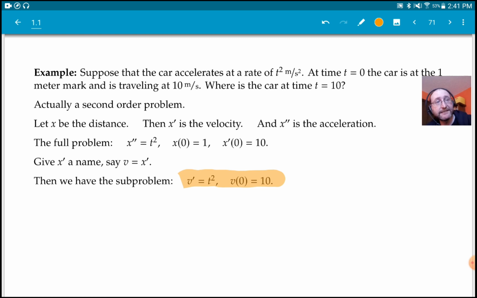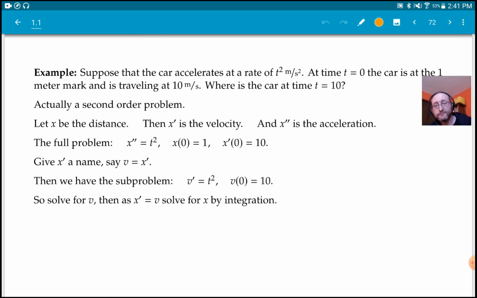And once I have v, I plug that into this equation, because I know that x prime is supposed to be the velocity. I know what the velocity now is, so I have this equation, and now I use this initial condition.